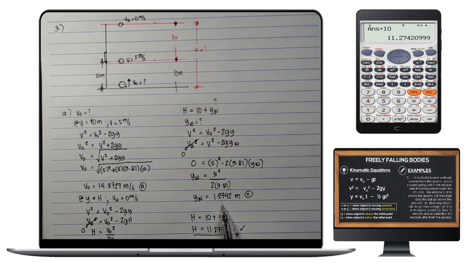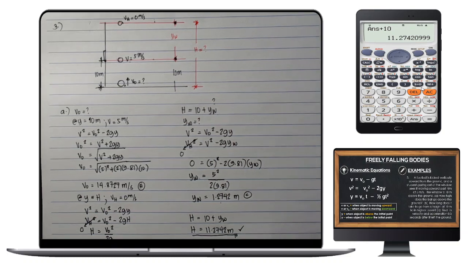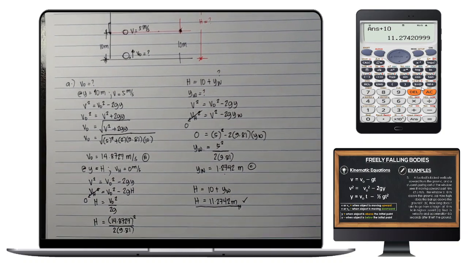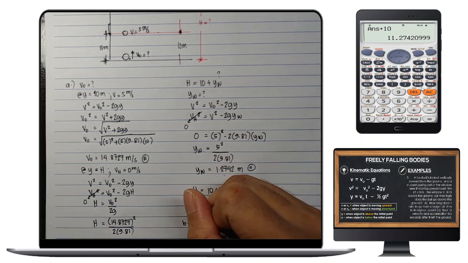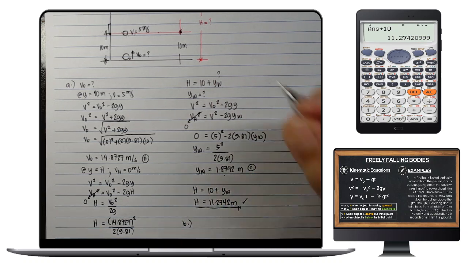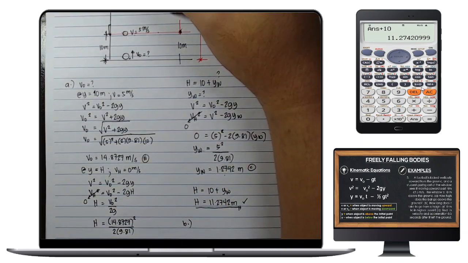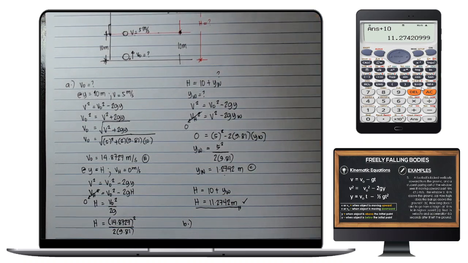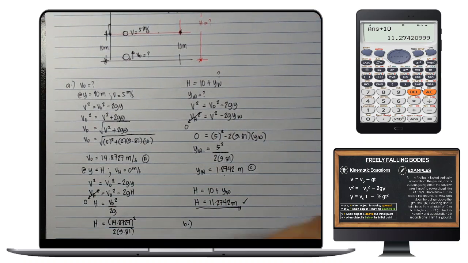So, using second equation, v square is equal to vo square minus 2gy, pwede natin siyang makuha. So, para dun sa letter B, pinapahanap dito ay t sub w.